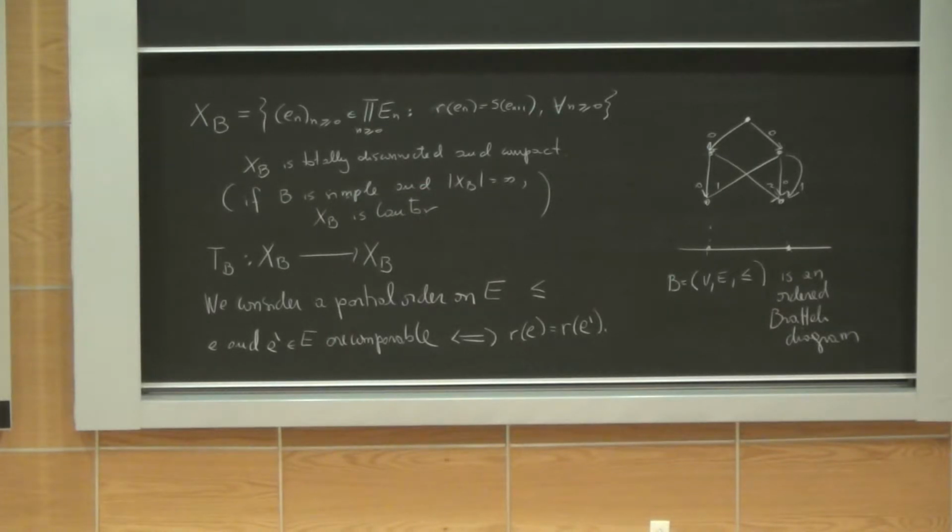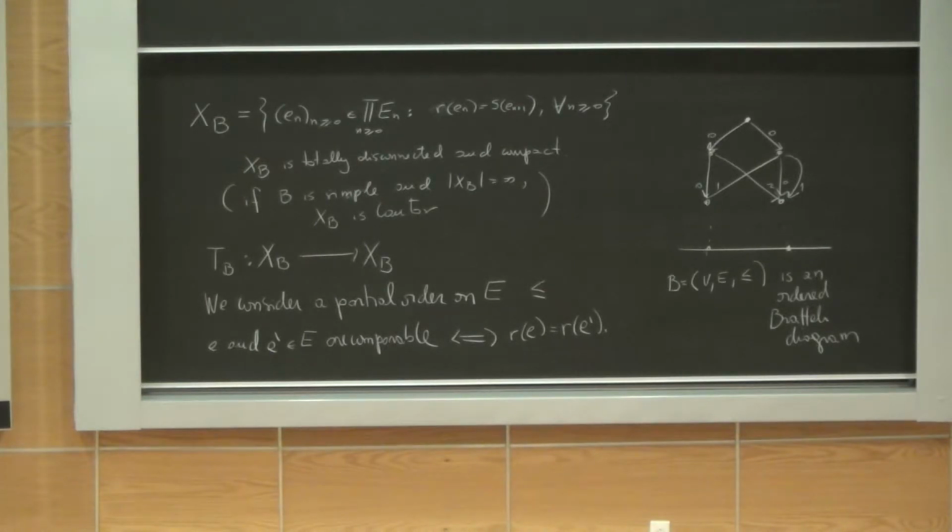So we are going to say that an element in the set of infinite paths is maximal if every edge is maximal. And minimal in the same way, but minimal.